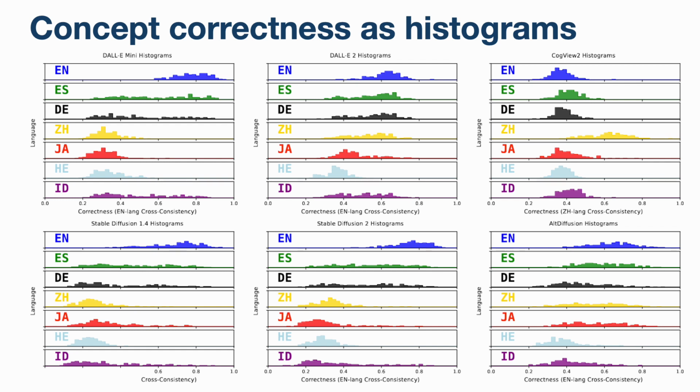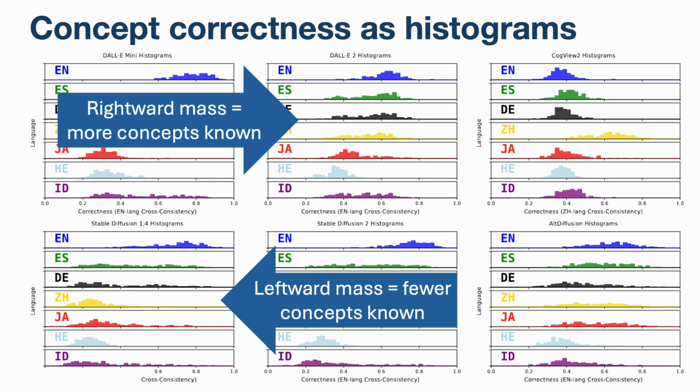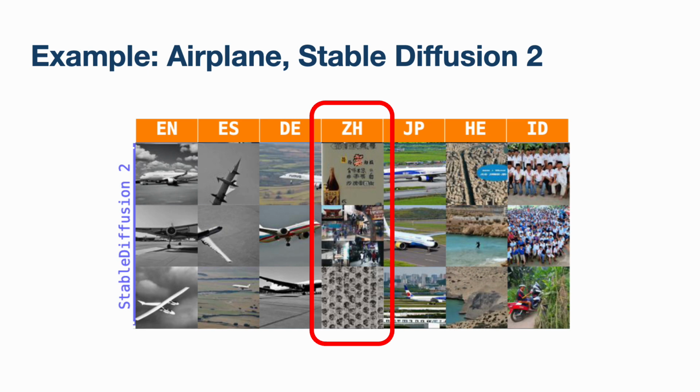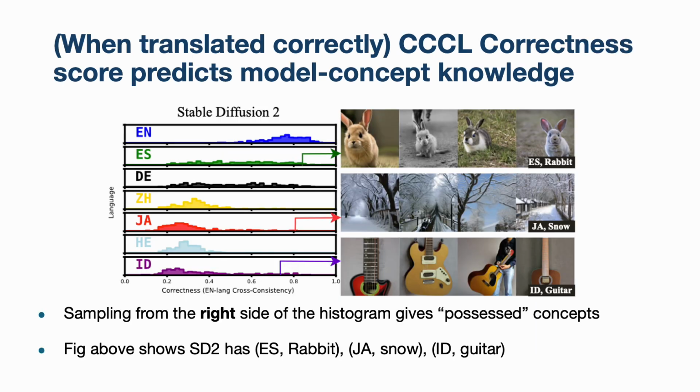Here we're looking at the histograms for 6 different text-to-image models for those languages. More rightward mass will represent more concepts being known by the model, and more leftward mass will represent fewer concepts being possessed. So, for an example, we can look at the concept of airplane, and here we see that DALL-E 2 does indeed possess the concept of airplane in Chinese, but Stable Diffusion 2 does not possess the concept of airplane.